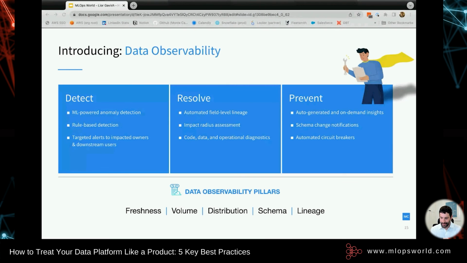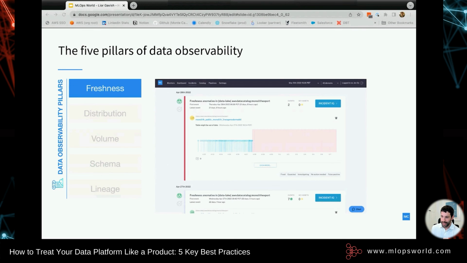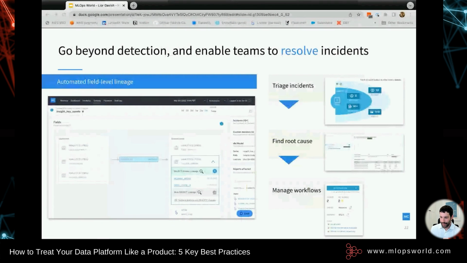And we only have half an hour today, so I'm not going to have enough time to cover all different ways to do that, but it is doable, and we've seen the pattern across so many data platforms, and I'm happy to talk with anyone who's interested to learn more about how to actually create observability in a data platform. We're coming up on time, so I'm going to do a quick recap here.